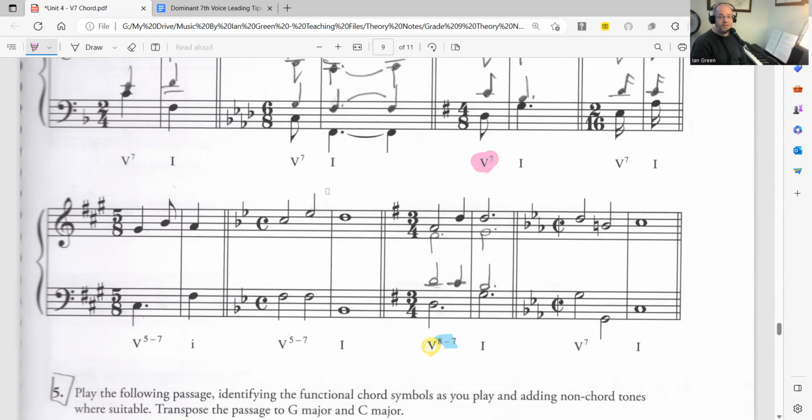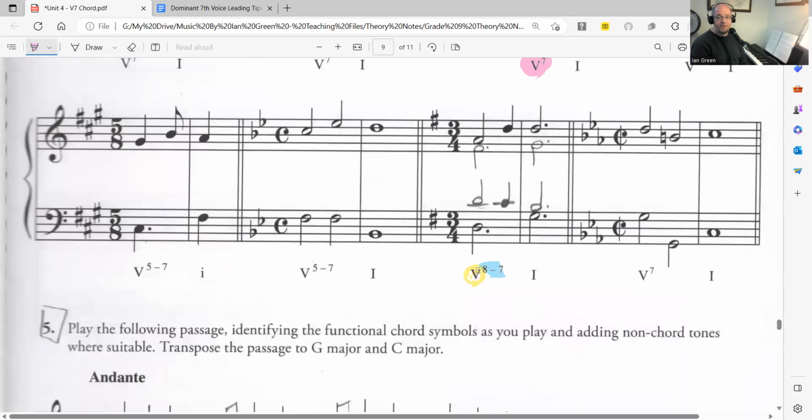Now when we have a resolution V8-7, you'll see here there's an 8 followed by a 7, and this means that the 7th is resolved after the dominant chord is written. So essentially, this 8 is written to explain that there is an interval of an octave somewhere in the example.